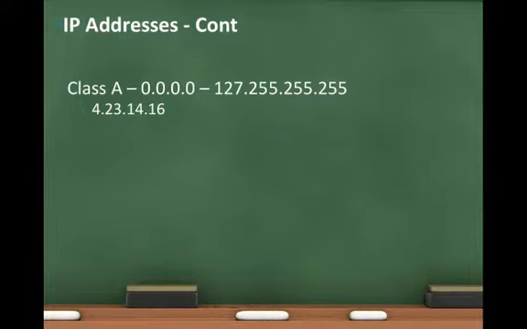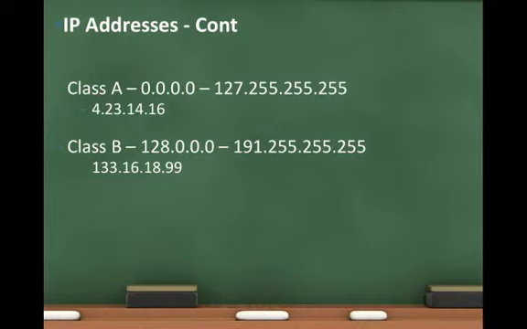But you'll notice here in Class A, the first octet is limited to 127. So if you have an address with the first octet between 0 and 127, it is a Class A network, or one of those very large networks. In our case here, we have 4.23.14.16. We notice immediately, we see a 4 at the beginning, we know this is a Class A network.